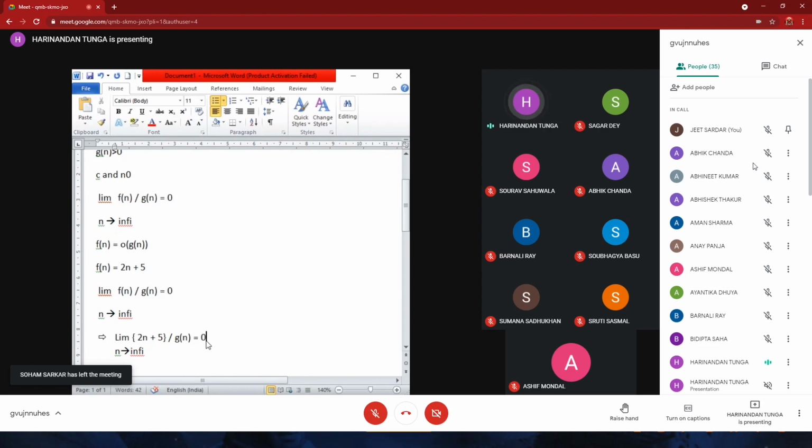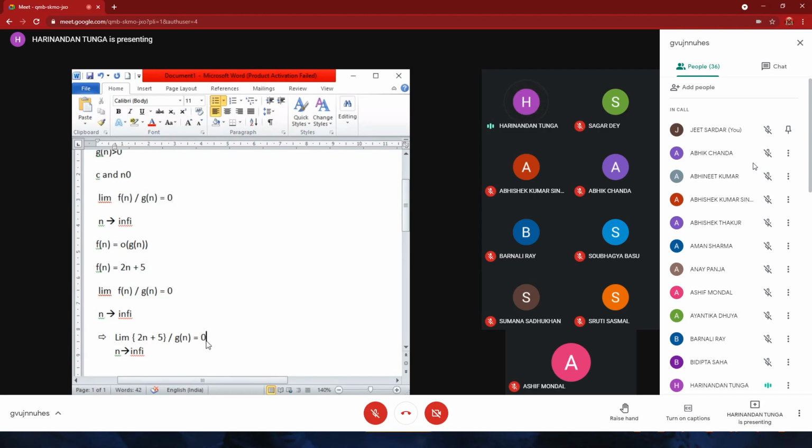Now what is the value of Gn where the limit is 0? If say Gn equals 1, what is the value of the limit? It is infinity. If Gn equals n, the limit is also infinity.